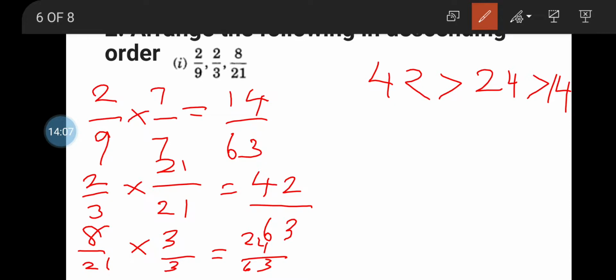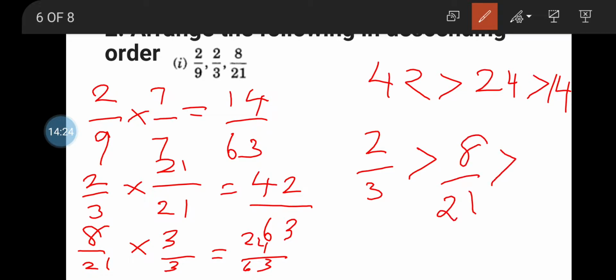So obviously the fraction 2 by 3 is greater than the fraction with 24, which is 8 by 21. It is greater than 14. 14 is in the first fraction, so it is 2 by 9.